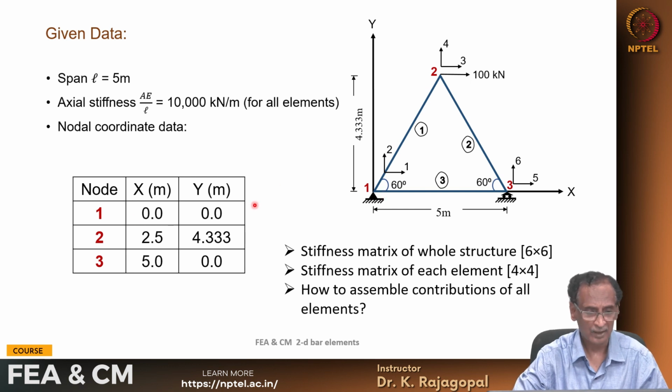Node 1 is defined at the origin 0, 0, node 2 at 2.5 and 4.333, and node 3 is at x of 5 and y of 0. The stiffness matrix for the entire structure will be a 6 by 6 matrix, because there are totally 6 degrees of freedom, but at the element level we will have only a 4 by 4 matrix, because we have 4 degrees of freedom for each element.